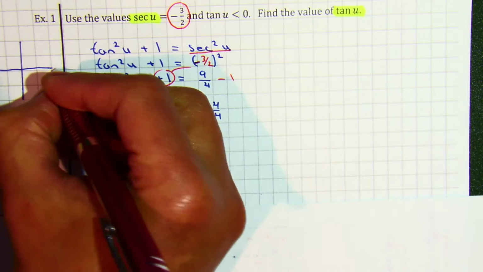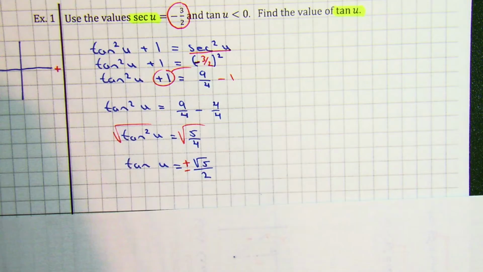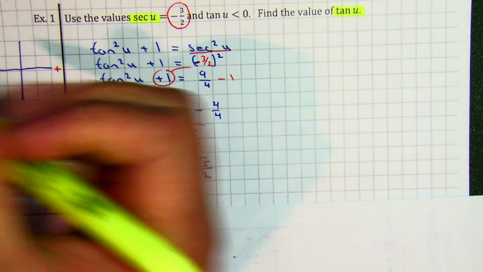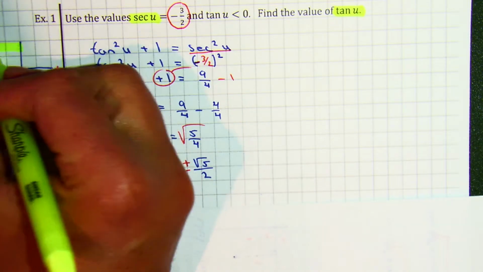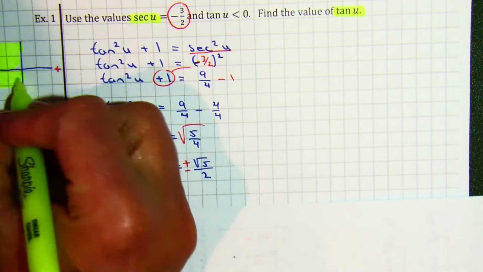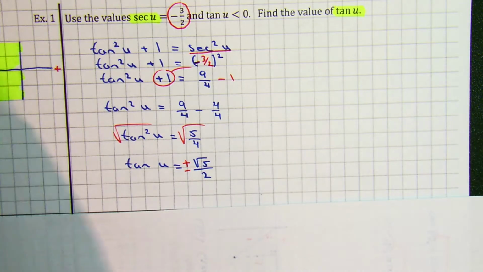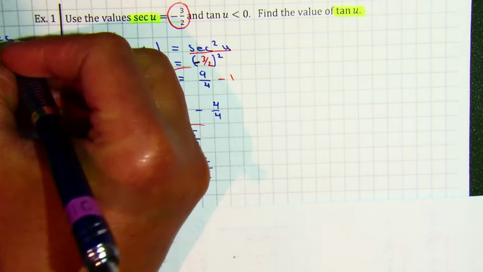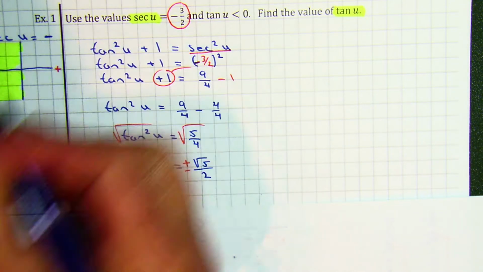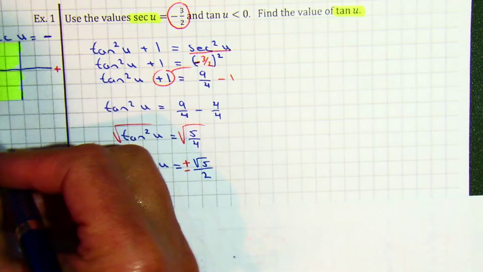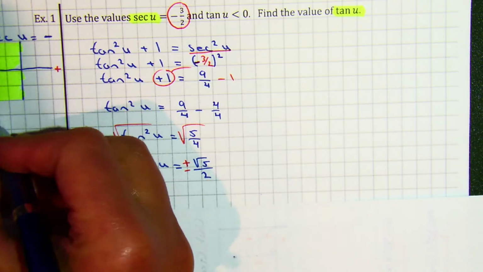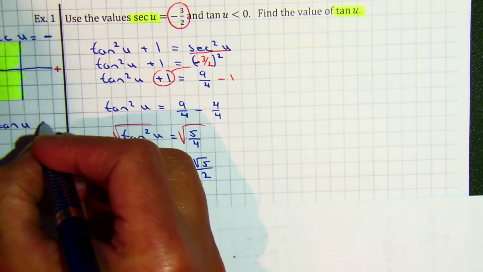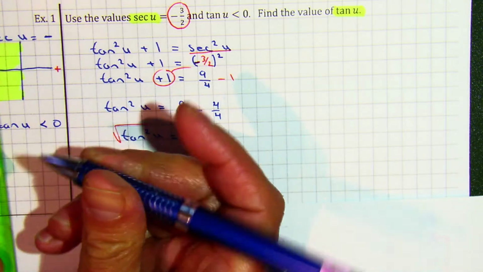So I know that's positive, that's negative. So it has to be either in the second quadrant, or in the third quadrant, and that is for secant negative. And they tell us the tangent of u is less than 0, which means it has to be negative.